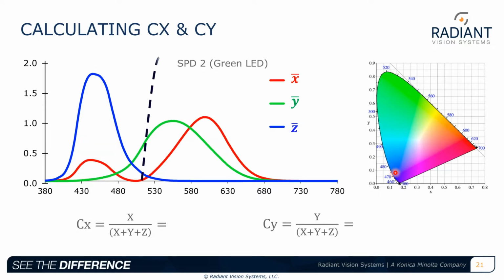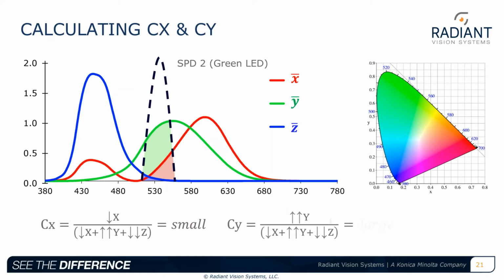So continuing on with our example, next we look at a green LED. Again, the first thing we need to do is calculate our tristimulus X, Y, and Z, and then plug them into our formula for Cx. So here our X is small, we have our Y on the denominator, so this value is going to be small.